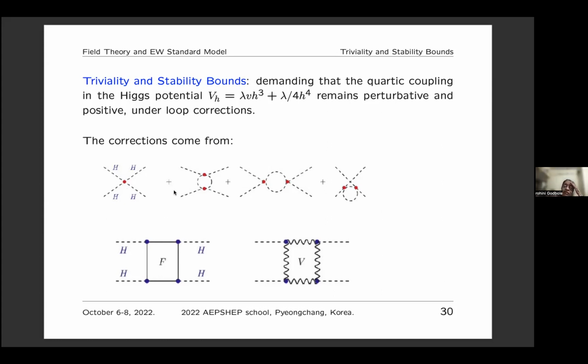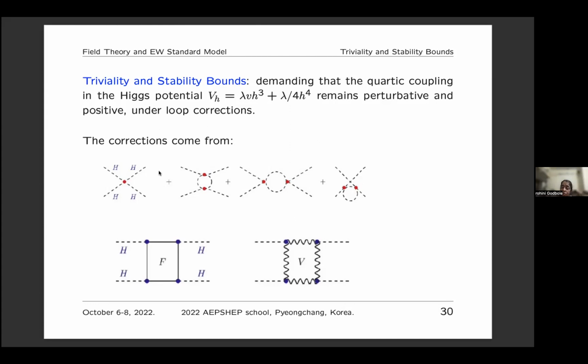So the triviality bound comes by demanding that lambda remains perturbative, and the stability bound comes by demanding that lambda remains positive. That lambda should remain positive is obvious, because the mass of the Higgs, as we have calculated, depends on lambda directly, and the potential will become unbounded if lambda becomes negative. So you had better have lambda positive.